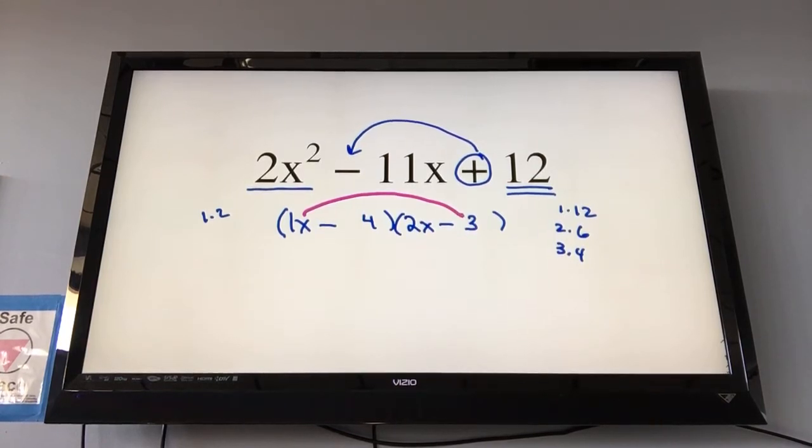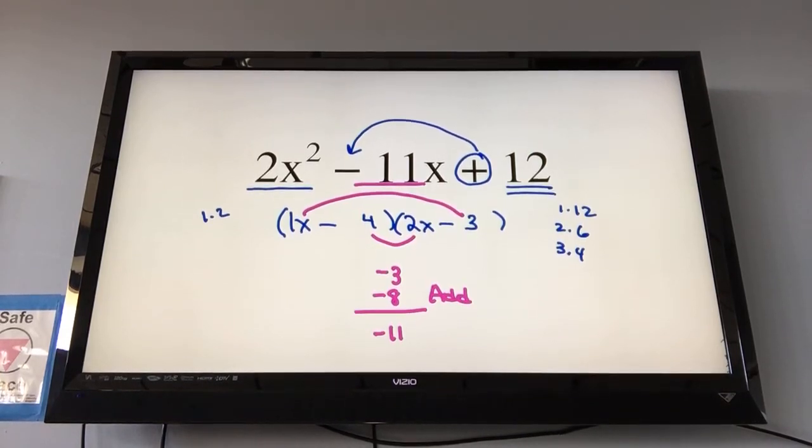So positive 1 times negative 3. Inner times inner. Negative 4 times positive 2. Add these together. And I get negative 11, which is what I want in the middle. So then I know I'm right. So you can't shortcut checking these. You got to do outer times outer, inner times inner.